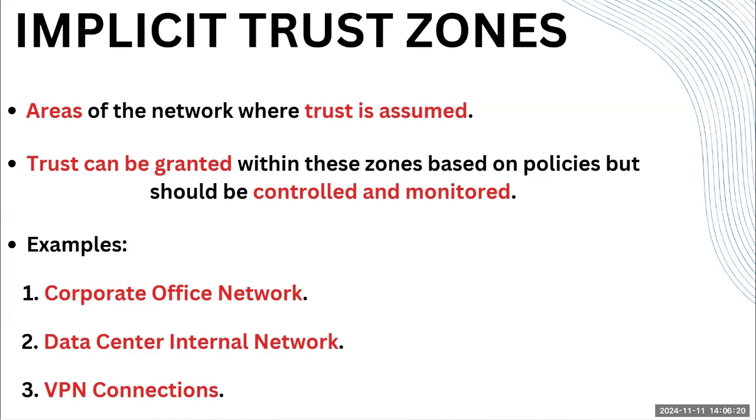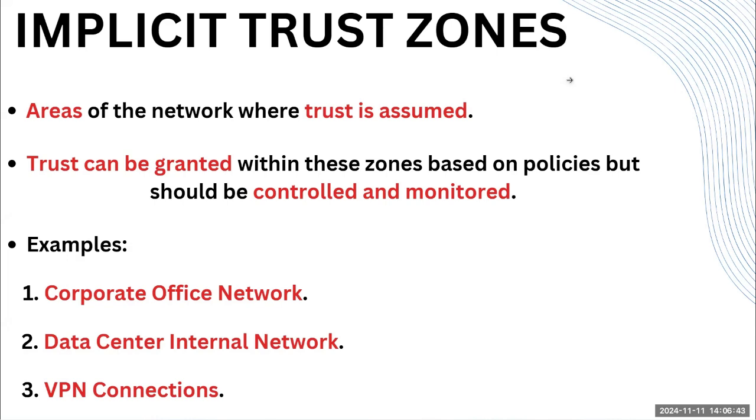Now, how does this work? Because we mentioned earlier that nothing in the zero trust model is trusted, right? The reason why we do this is because we have certain areas in the network, like, for example, let's say the corporate office. This is a specific network, right?